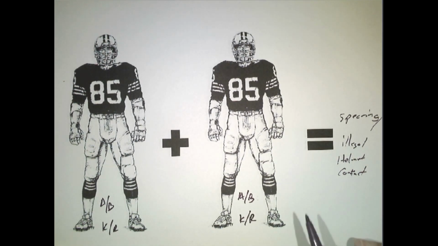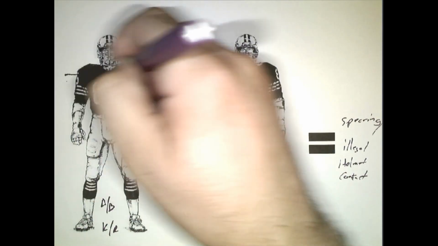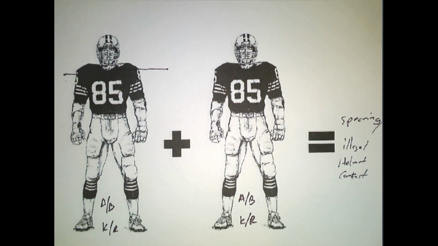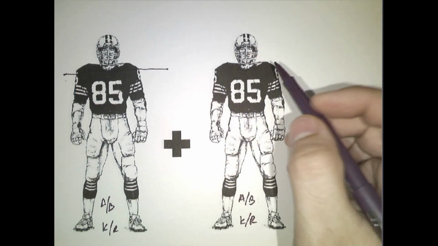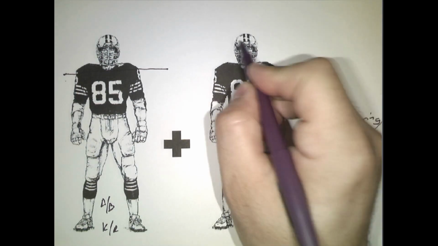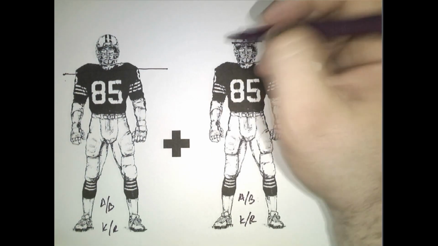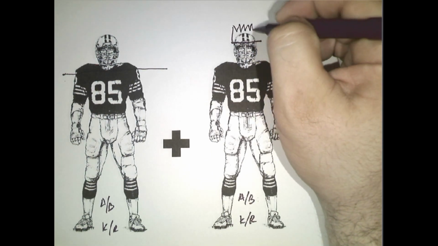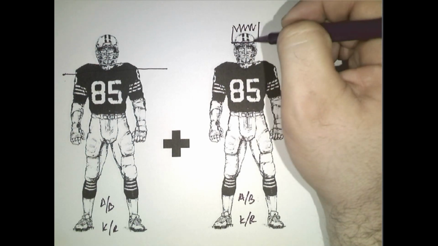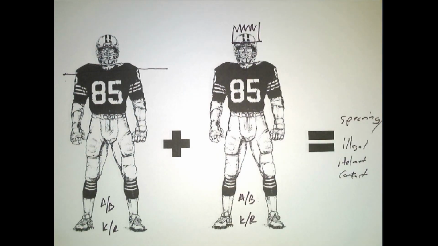But what's important for this is that the player who is being hit has to be hit below the shoulders. Because if it was above, we could call targeting, as you'll see here. And the important part with spearing is that the player who is hitting uses the crown of the helmet. We can think of that as if this player was wearing a crown, it would be where the crown sits or above. And that's what we look at as spearing.